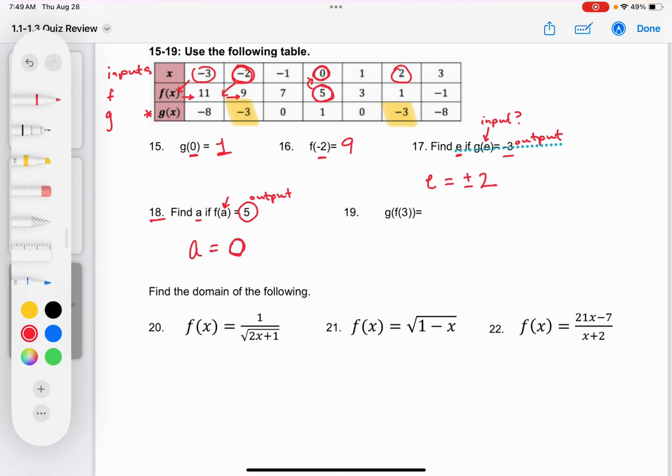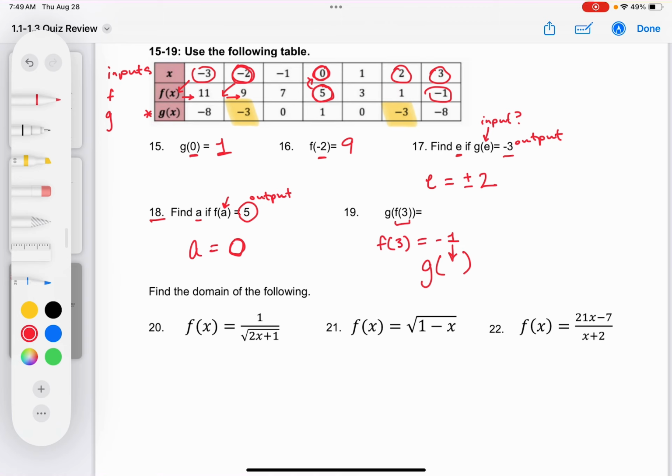And then the last one we have is a composition function. First we need to figure out what f of 3 is. When you put a 3 into function f, you get out -1. Now we're going to take that and input it into function g.